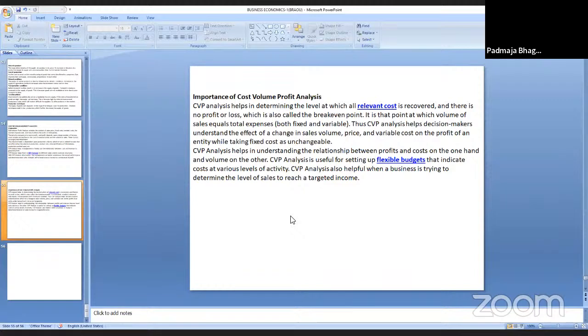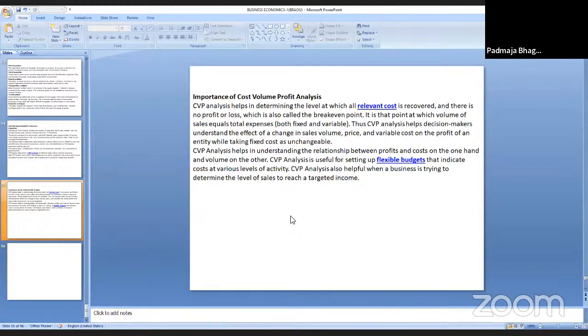It is that point at which volume of sales equals total expenses, both fixed and variable. So the break even point is that point at which volume of sales equals total expenses.